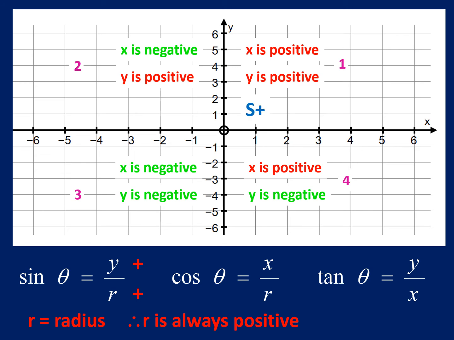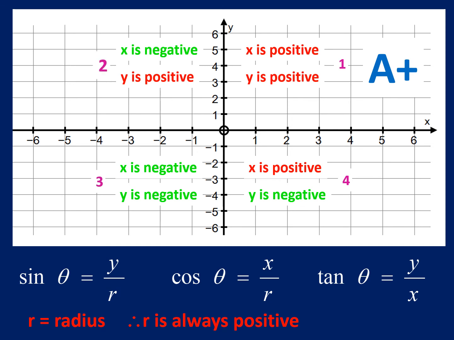So sine will always be positive. If we look at cos, x is positive in this quadrant and r is always positive. So a positive divided by a positive gives me a positive answer. So cos will also be positive. And with tan, both y and x are positive. So tan will also be positive. So what we notice is all three trig functions are positive in the first quadrant.